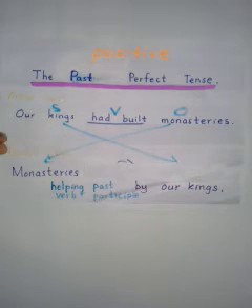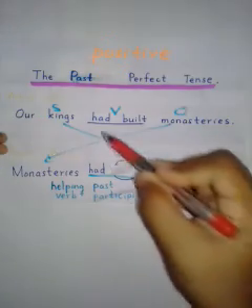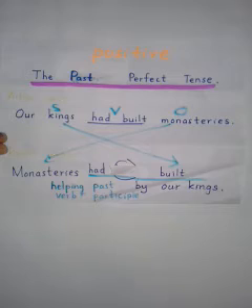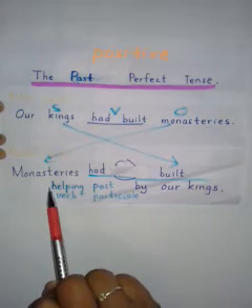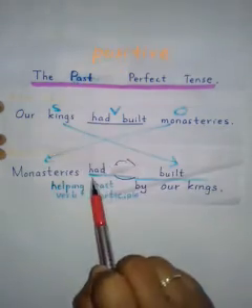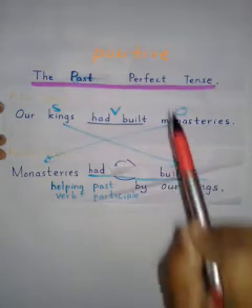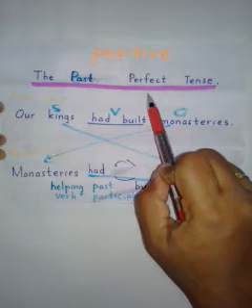Look at these two sentences now. Look here, there is no difference. Had, built. But there should be a difference because this is in active form and this is in passive form. We have shown the time, we have shown that it is passive, but we have not shown the perfect aspect.